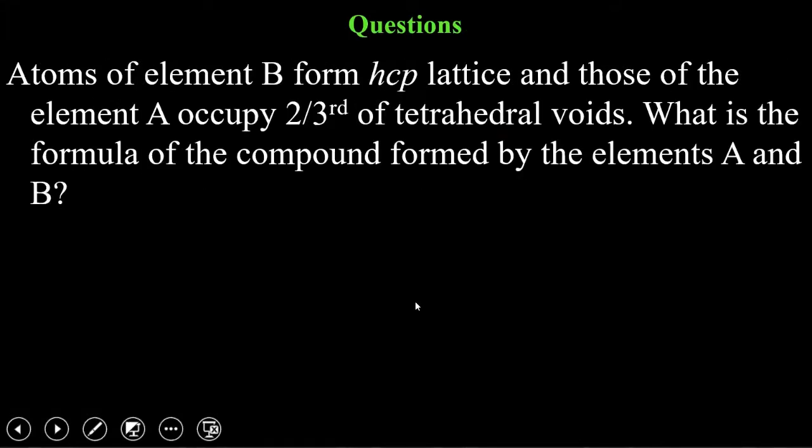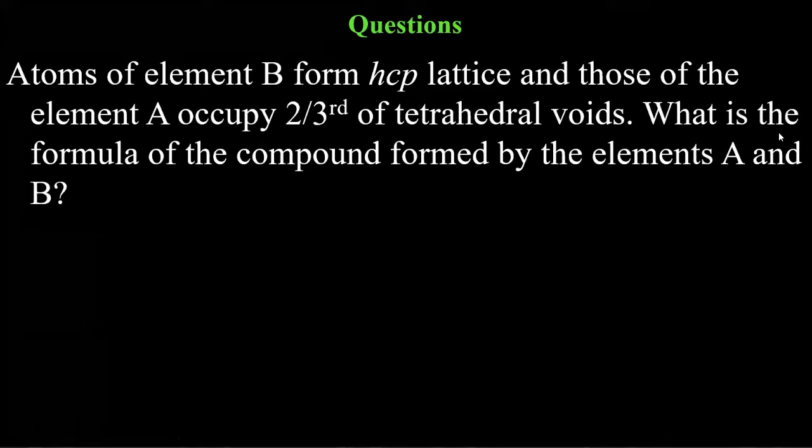Next question. And now here, this is a variation. Not all are occupied here. Atoms of element B form HCP lattice and those of element A occupy 2 by 3 of the tetrahedral voids. So B forms HCP.